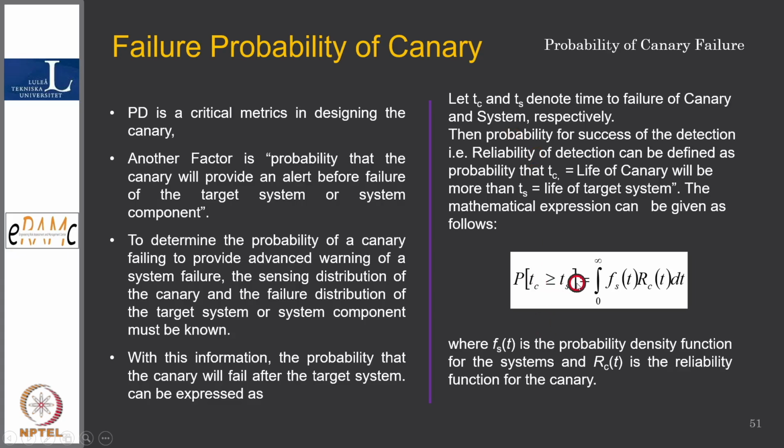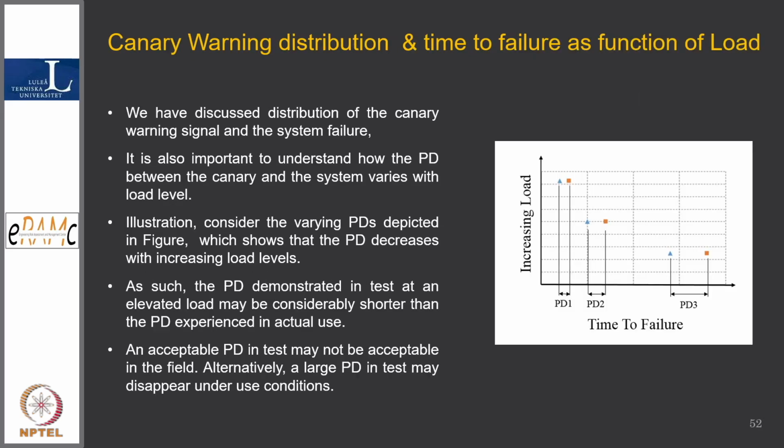So TC should be more than TS, equal to the integral from 0 to infinity of the PDF of the distribution, that is the product or system that we are monitoring, and the reliability of the canary. And this will give us the success of the canary. Where FS(t) is the probability density function of the system and RC(t) is the reliability of the canary, and we want this situation to take care of our reliability of the canary actually.